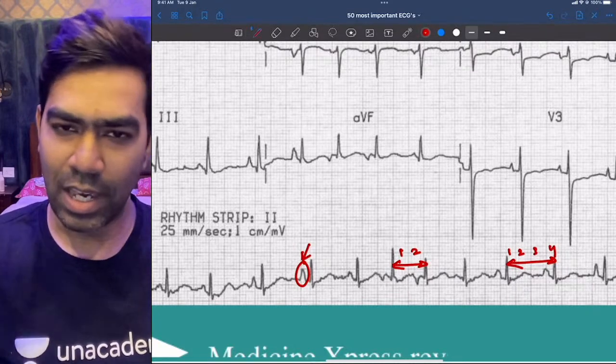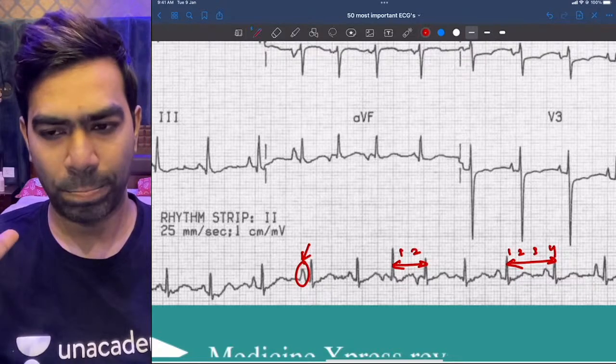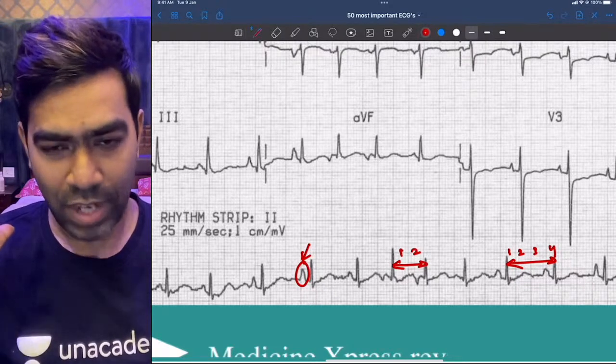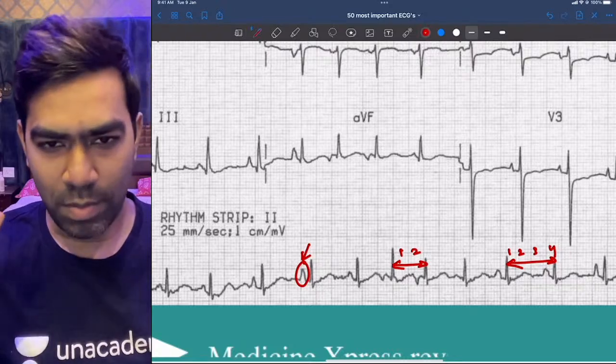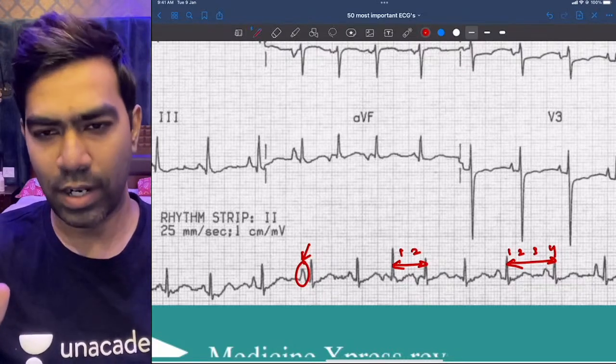Whenever you see an irregular rhythm in an exam, and if you have a P wave, one important differential diagnosis is MAT, that is multifocal atrial tachycardia.